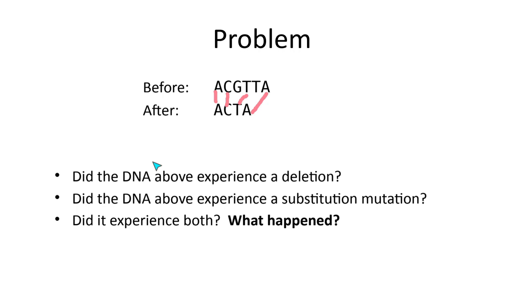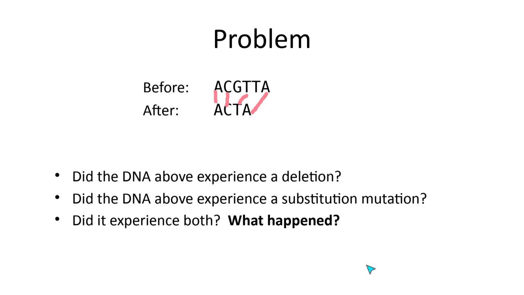Usually when we're looking at homology, we're looking at evolution, but you can use that same idea for instances like this, where we say this A in the after is homologous to this A in the before. They're related through ancestry, but now it's ancestry through time, the before and then the after. So this A is homologous to this A, the C is homologous to that C. The G is just gone. The A is homologous to that A. The T's, who knows, but maybe it doesn't matter.